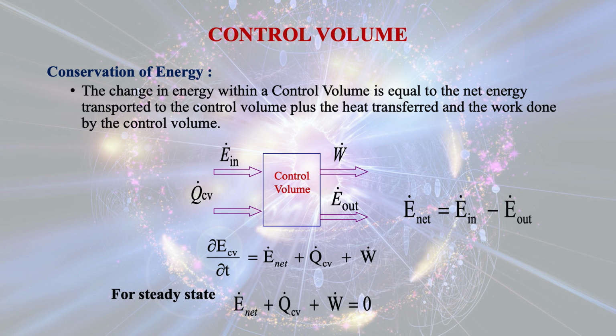Now this expression is given for the rate of change of energy within the control volume. For a steady state, we all know that properties will not change with time. So for a steady state, ∂E_CV/∂t is equal to 0. So the equation becomes E dot net plus Q dot CV plus W dot is equal to 0.